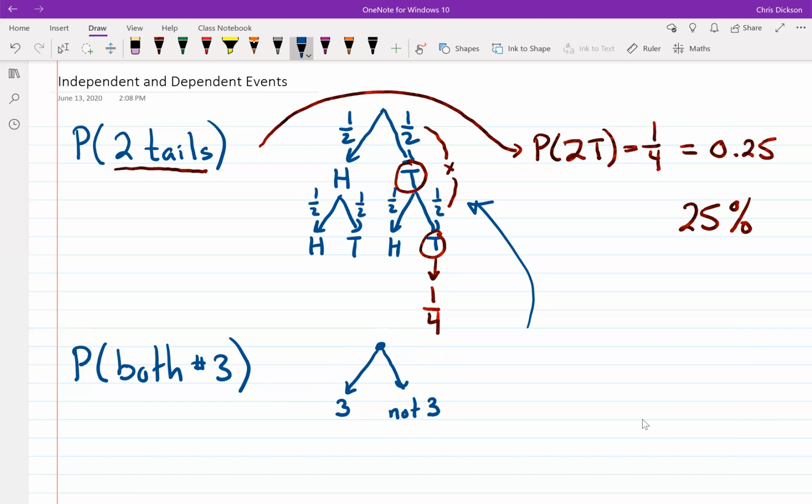But what you'll notice is it won't be 1/2, 1/2, because if you're rolling a 6-sided dice, there's 6 outcomes that could occur. And getting a 3 is only one of those outcomes. And of course, if you don't want to get a 3, that means you could get a 1, a 2, a 4, a 5, and a 6. There's 5 other outcomes that could happen that are not 3s.